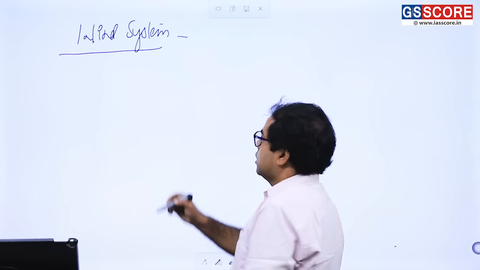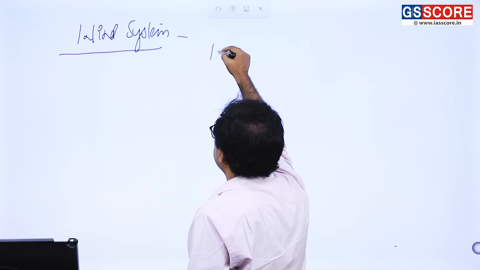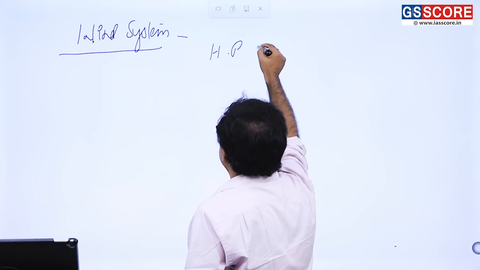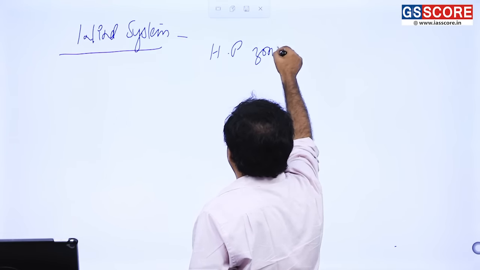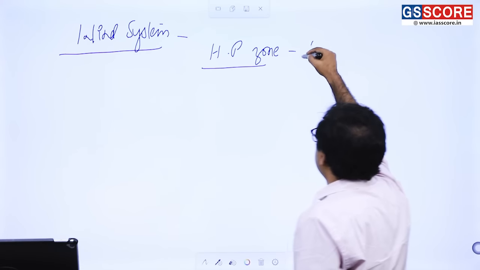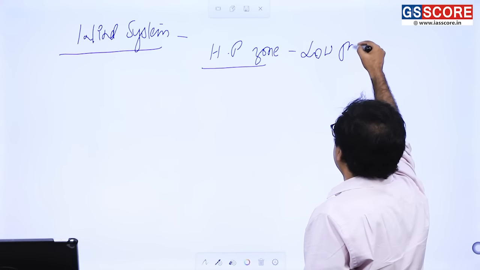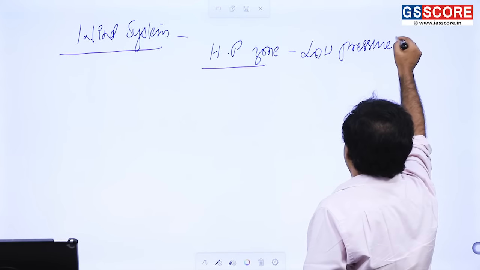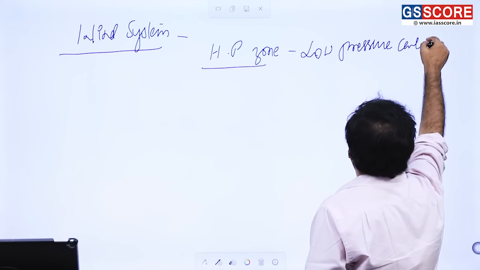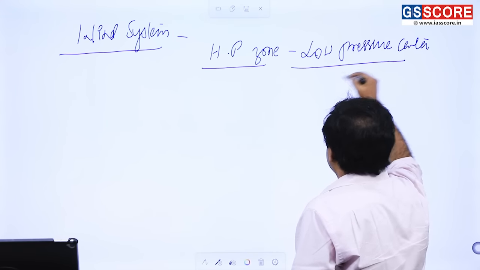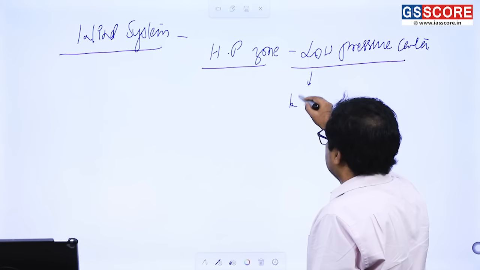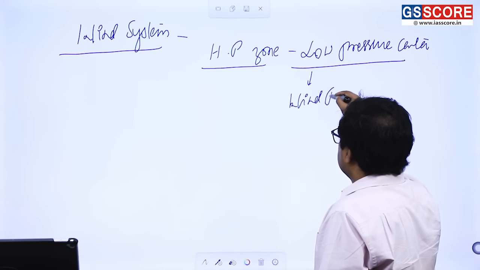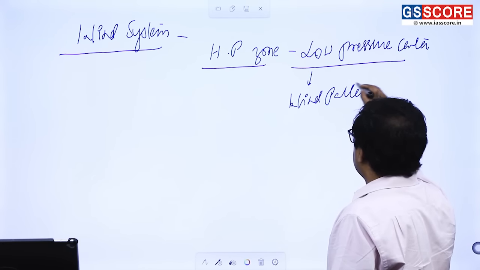So the areas in the permanently high pressure zone will start recording low pressure centers. Then there will be a change in the wind pattern.